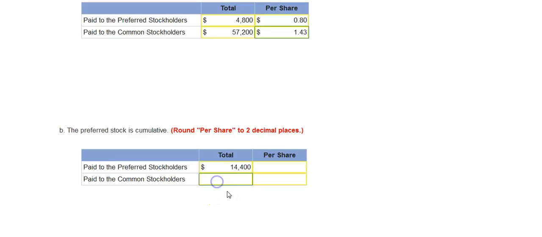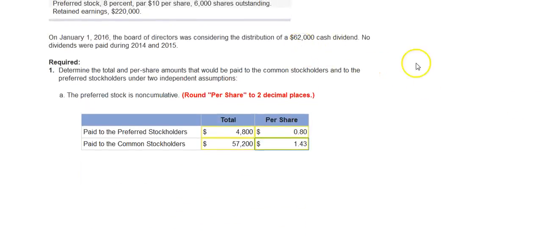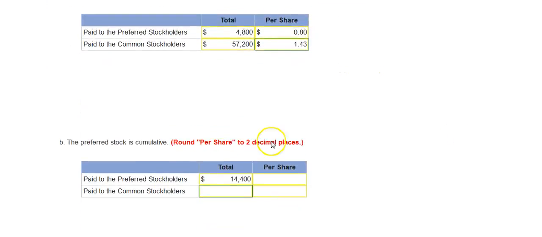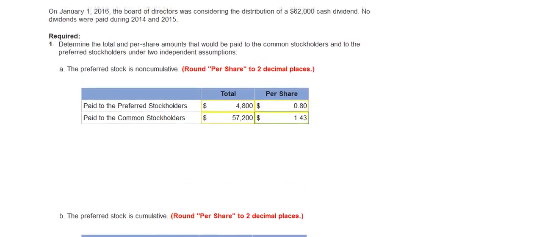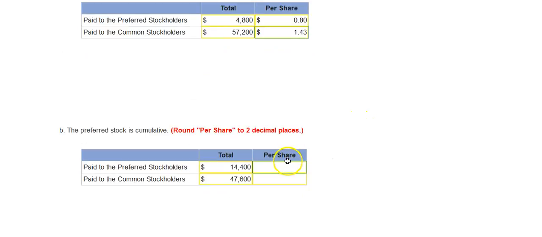And the common stockholders would get whatever is left. So that would be $62,000 minus $14,400, or $47,600. Now, to find out how much it is per share, let's take $14,400 and divide by the number of preferred shares, 6,000 shares, and that's $2.40 a share.